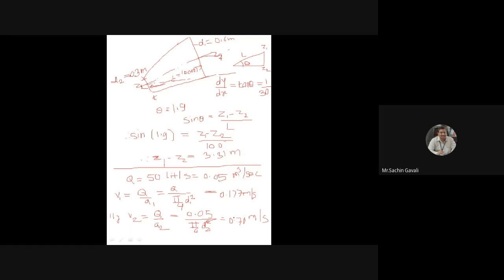Okay. Now we got V1, we got V2, we know Z1 minus Z2, and they asked to calculate the pressure at the higher level, which means P1 they have given and they asked P2.